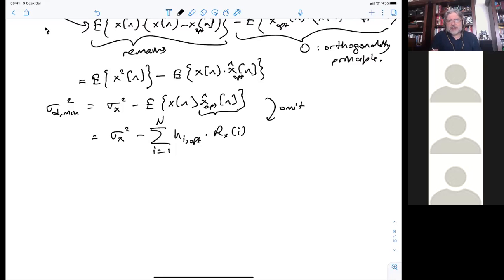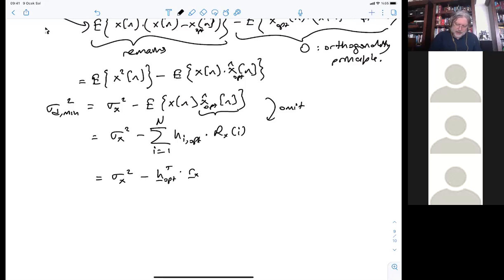If you just expand the formula of x hat optimum of n in the form of a summation and multiply it with x of n and then apply the expectation operator, you will definitely come up with this expression, which can further be written in a form of vector multiplication, like h optimum vector transpose times the rx vector.